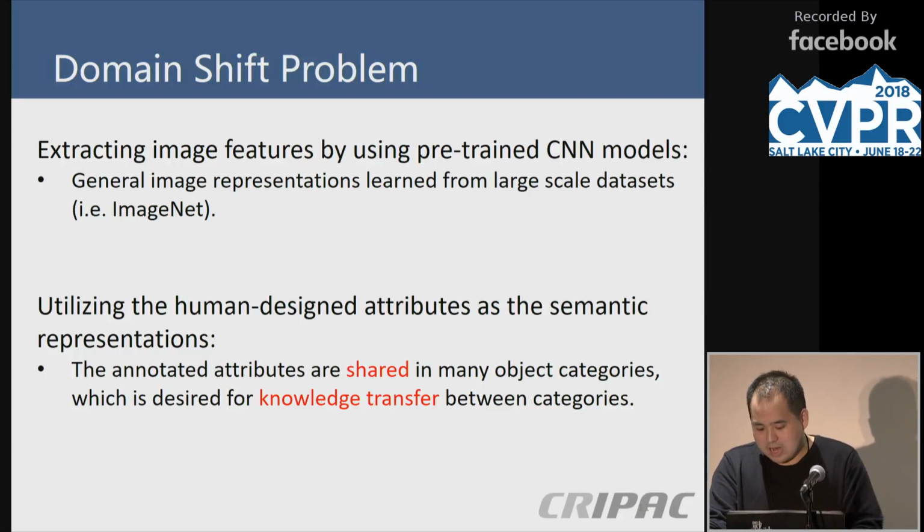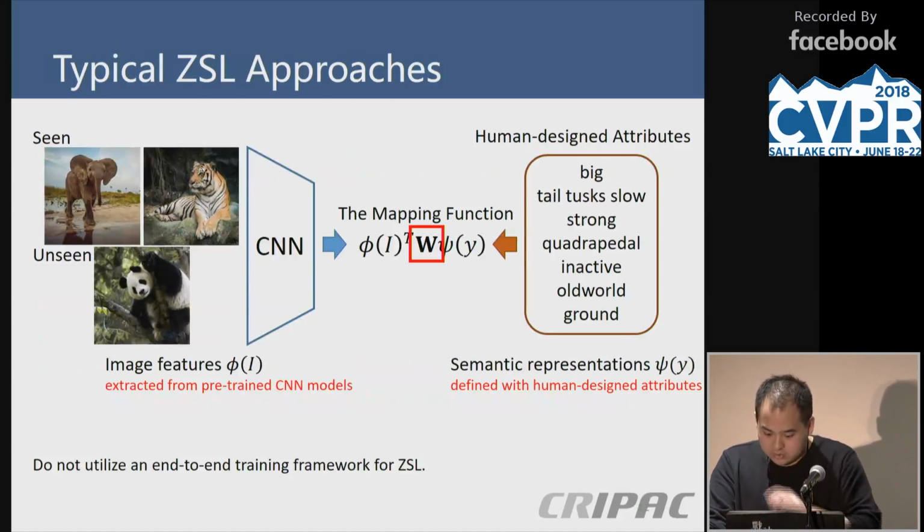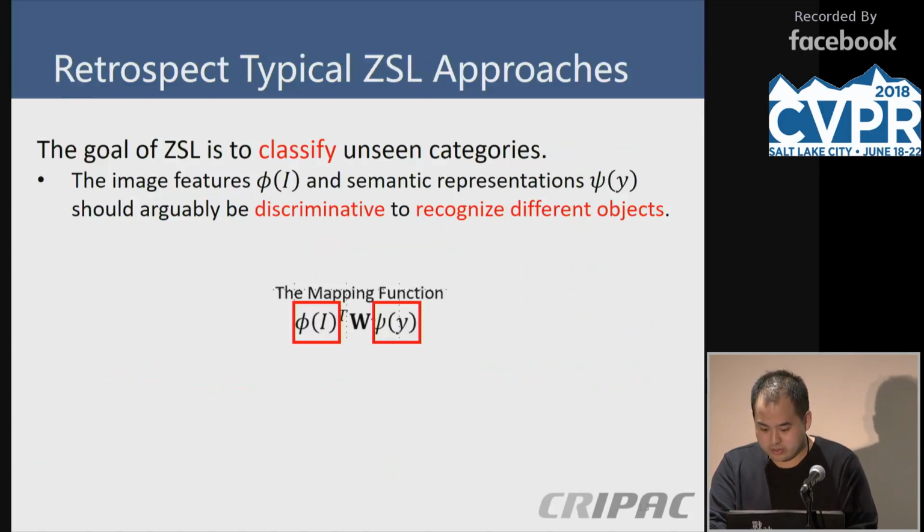The attributes are usually shared in many categories, and it is desired for knowledge transfer between categories. Thus, in typical zero-shot learning approaches, the image features and the semantic representations are fixed and predefined. The main focus of previous works is to learn the proper mapping function.